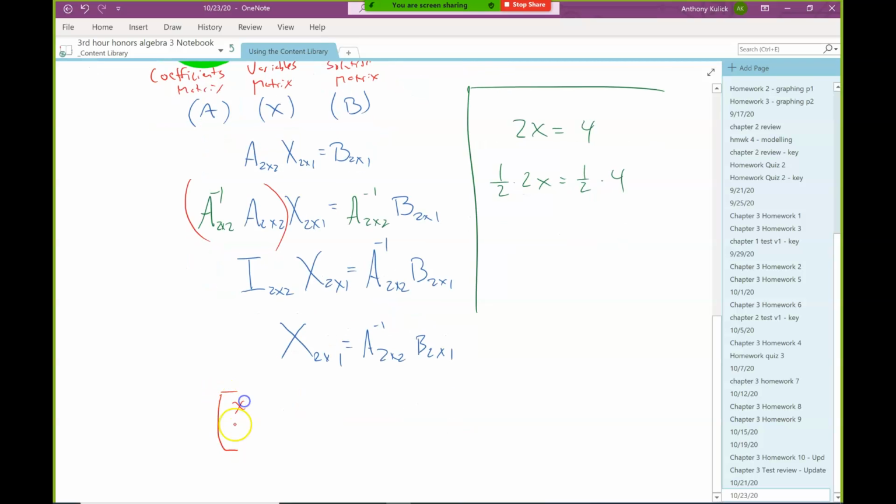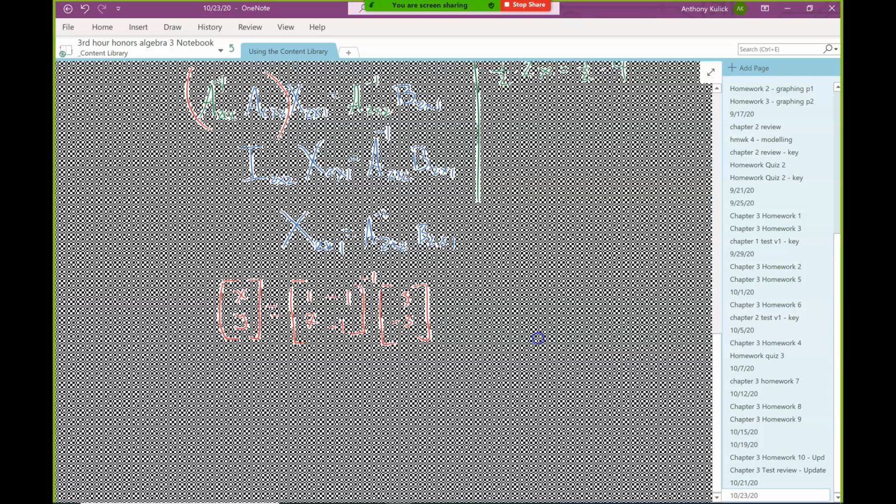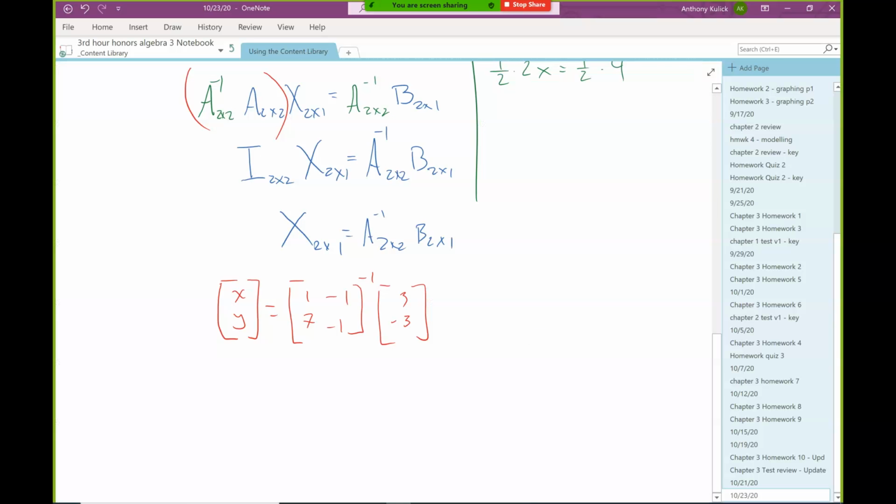So let's go ahead and fill our values back in. So now I'm going to write back in our values for A and B. So far, so good.